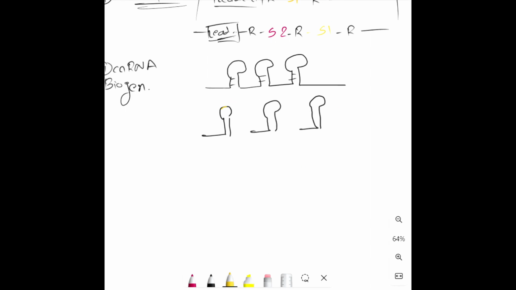So I'm highlighting this. This is our S1 protospacer. This is our S2, or the newly integrated spacer.